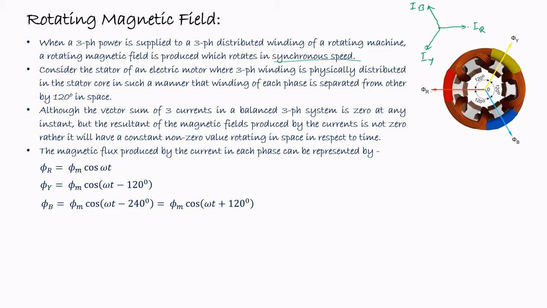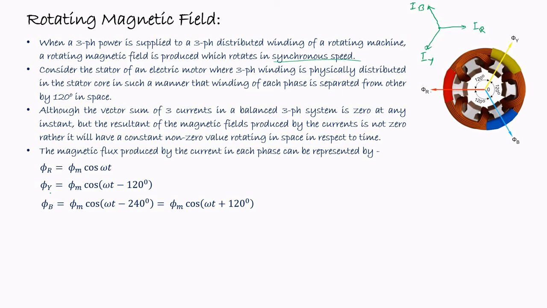That means if we consider phi r as the reference, then phi y will lag phi r. The current in the Y phase will lag by 120 degrees, and similarly the current in the B phase will lag by 120 degrees from the Y phase. Now this current, when flowing through the windings, will produce the magnetic field. Therefore, the magnetic field produced in the R phase is represented as phi m cos omega t.